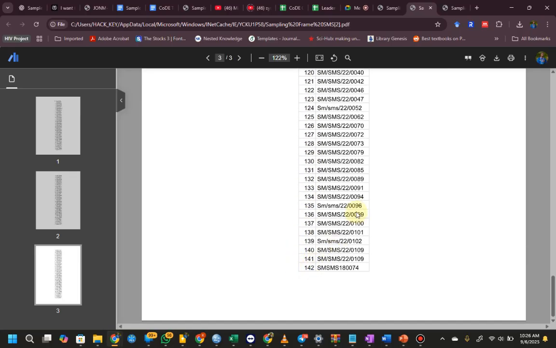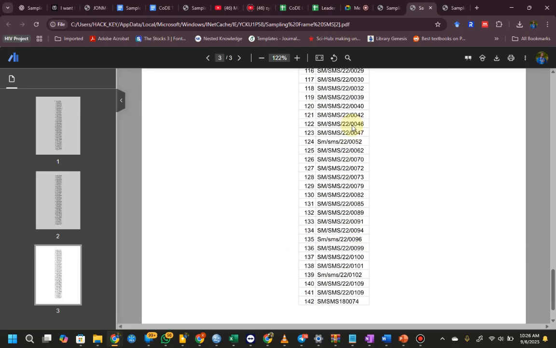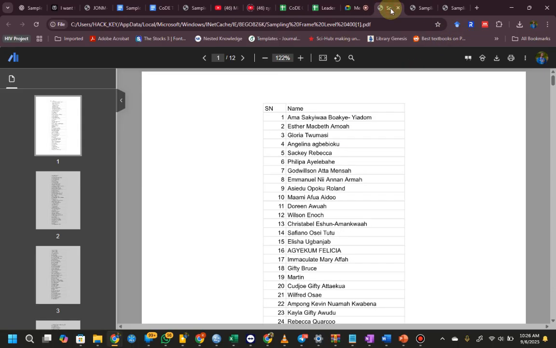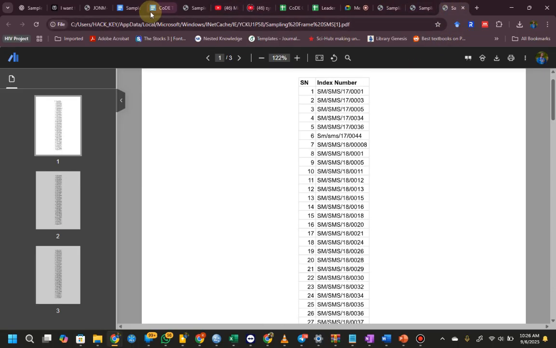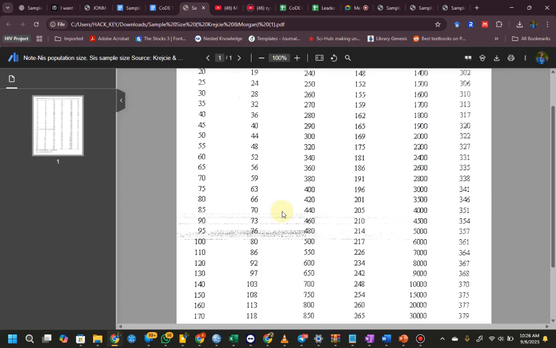If we come to Krejcie and Morgan, please can you put the table back on for me? Yes, Krejcie and Morgan here. So if their size is 142, then we can use 108 as the sample size to represent the 142 of the UCC SMS.